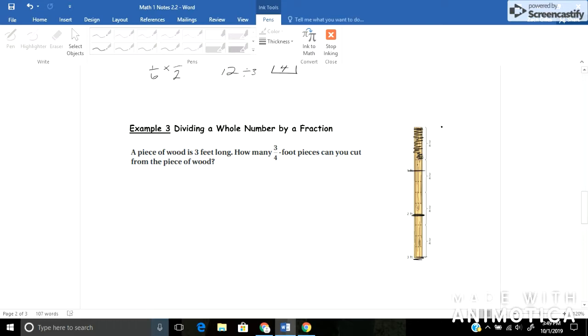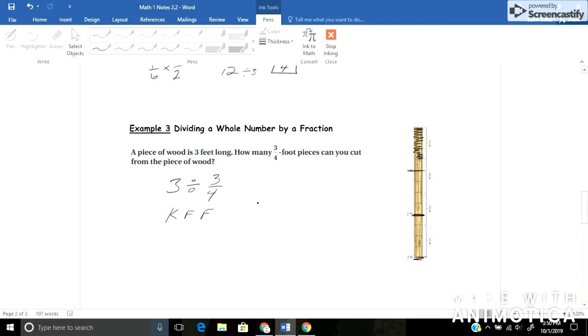How many 3/4 pieces of wood can you cut from this piece of wood? We can just use division here and divide our total, which is 3 feet, into 3/4 foot pieces. So again, I'm going to use my acronym KFF: keep, flip, flop.